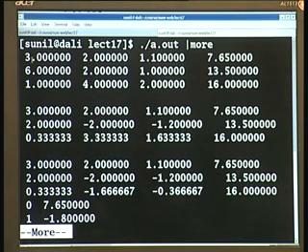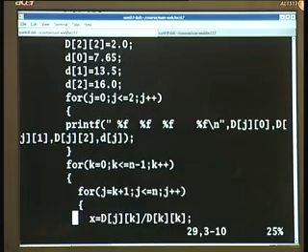The matrix elements are 3 2 1.1, 6 2 1 and 1 4 2, and the right hand side of the equation is 7.65, 13.5, 16. So these are linear equations of the form 3x1 plus 2x2 plus 1.1x3 is equal to 7.65, etc. That's a full matrix, and then we have this code here.